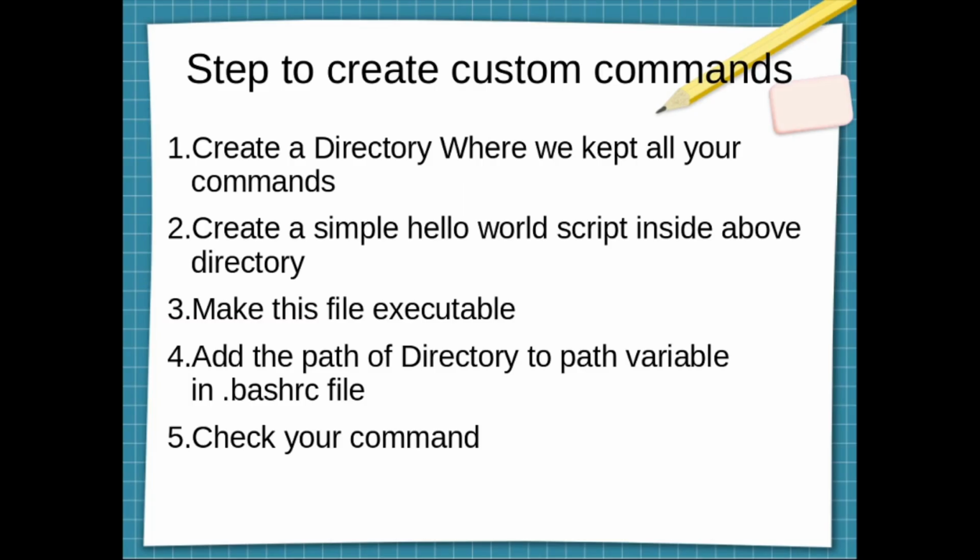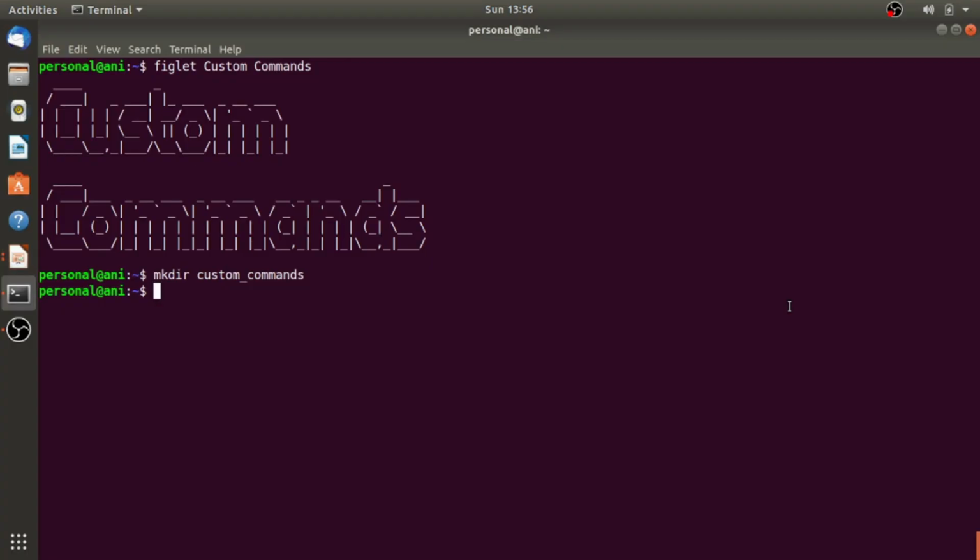Our second step is to create a simple hello world script inside the above directory, which is our custom command directory. So to move inside this directory, hit the command cd followed by the directory path. So now we are inside our custom command directory. Now we need to create a simple file.